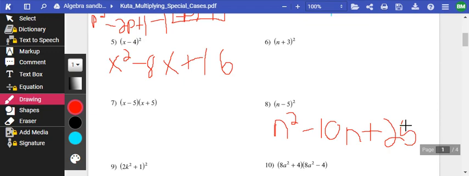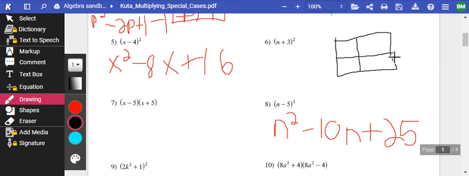Okay, how does this change if I do the same thing, but I have a plus sign in the middle? We're going to see what happens right here. We've got n 3 and n 3. N times n is n squared. We've got 3n, 3n, 3 times 3 is 9.